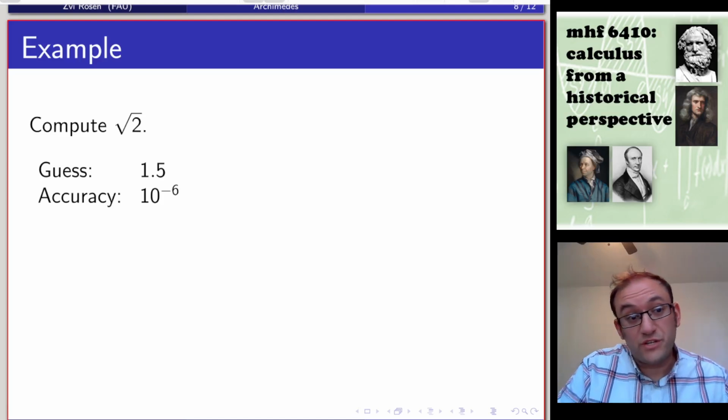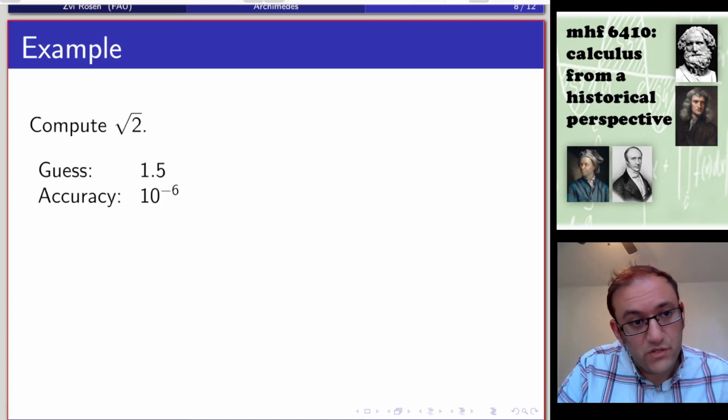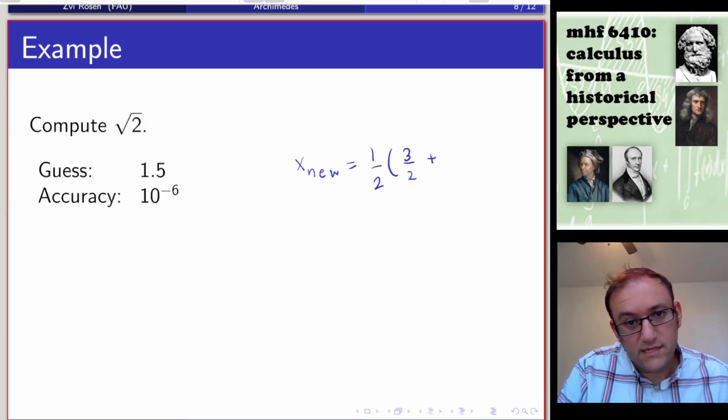Let's do the first iteration by hand. So we have the square root of 2, and we're guessing 3/2. So our x new will be 1/2 times 3/2 plus 2 divided by 3/2. Okay, so let's simplify.